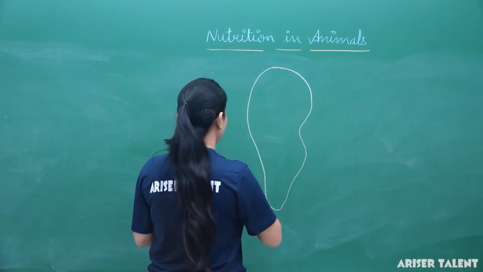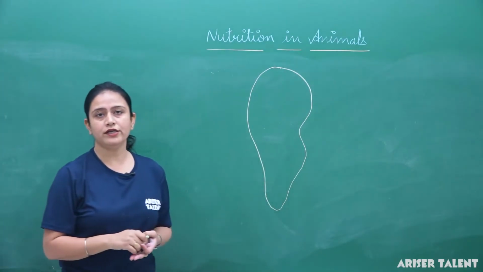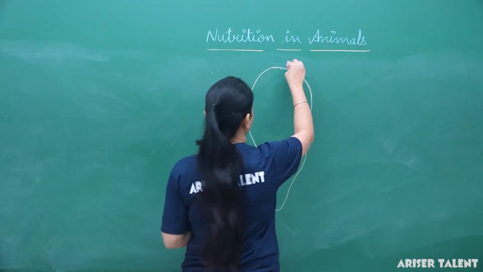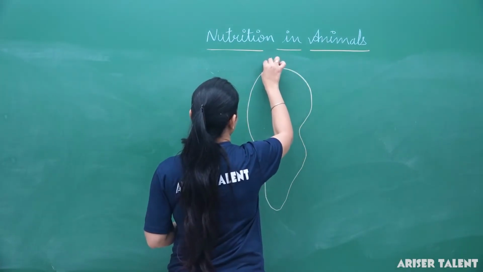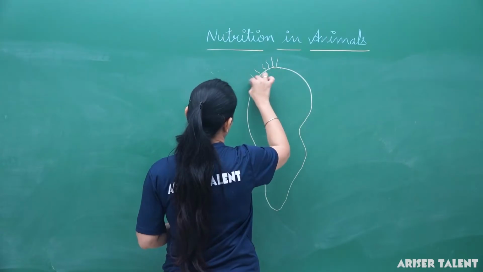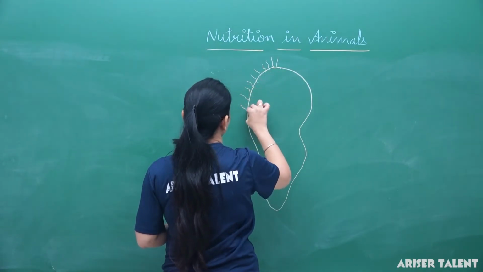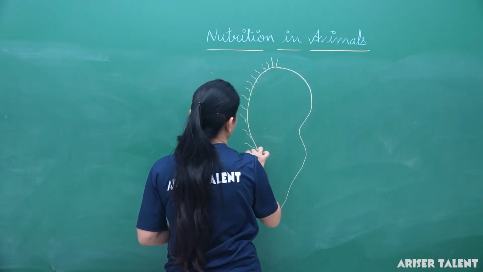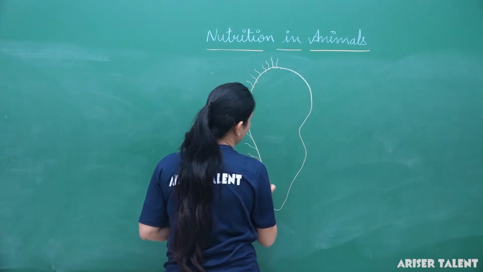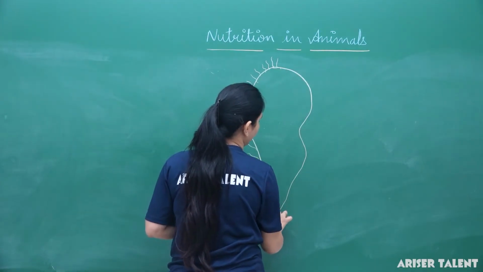Paramecium has cilia on its body surface. These cilia help it to move in the water. Generally the food of paramecium is what? Bacteria, fungi.